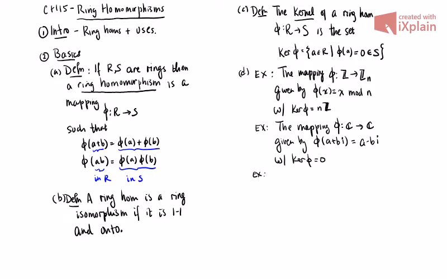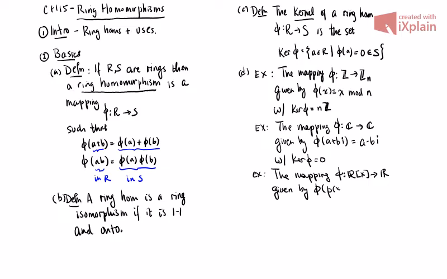Third simple example, the mapping phi from R[x], the ring of polynomials with real coefficients, to R. We've seen something like this mapping before for groups.